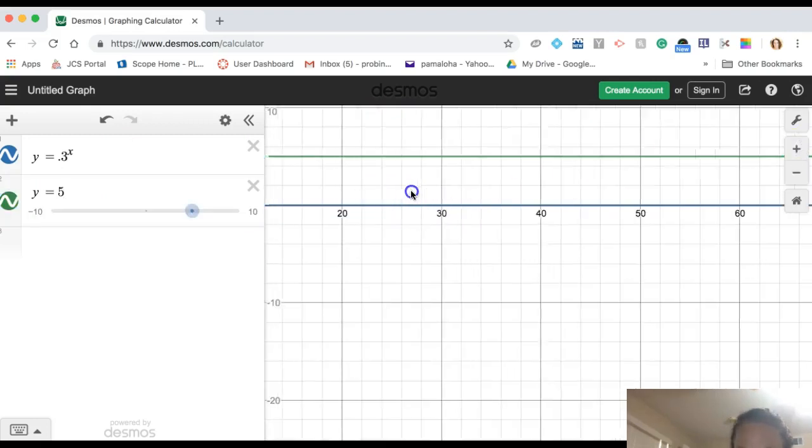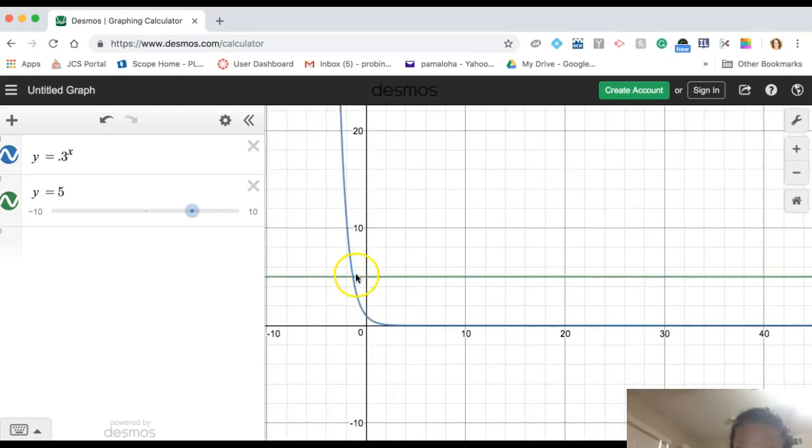If you zoom in on the blue and the green, they intersect at the point negative 1.33, 5. So what is my solution? Where is the x value where those two intersect? It looks like it's about negative 1.3. You can round that to negative 1.34 if you'd like.